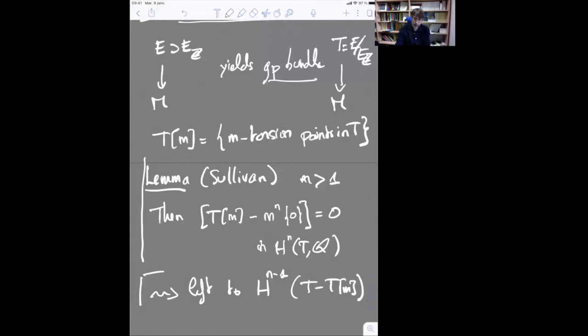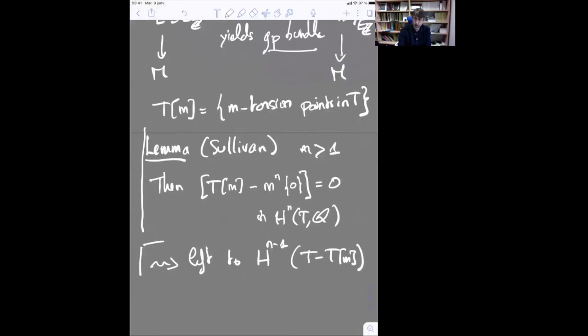And now if you pull back by some torsion section that is prime to m, you get a class of degree n-1 on the base.